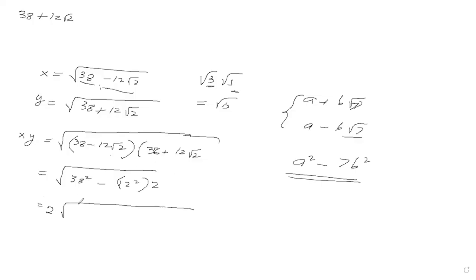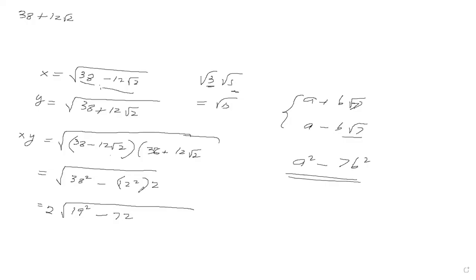If you take out 2 squared from here, you have 19 squared. And if you take out 2 squared from here, this is 144. If you take out 4 from that, it's 36 times 2 is 72. Right?